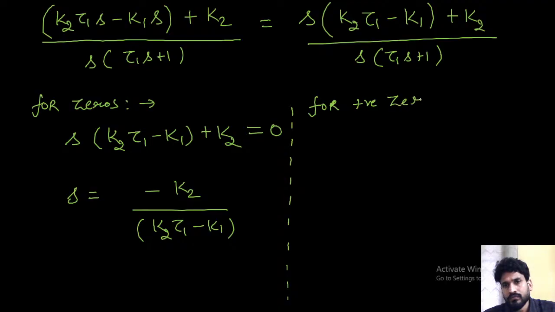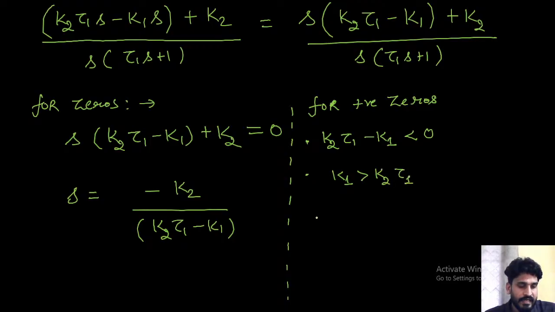For positive zeros, k2 tau 1 minus k1 must be less than 0. Is it clear? Yes or no? Or I can say that k1 is greater than k2 tau 1. Or I can say that k1 divided by k2 must be greater than tau 1. It is clear?